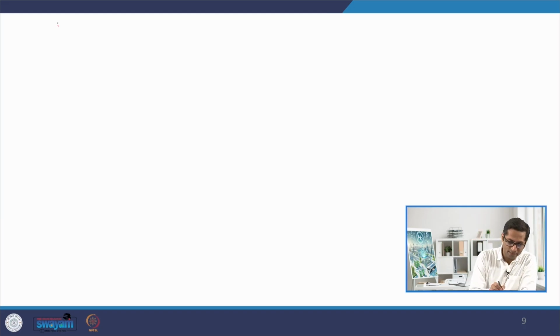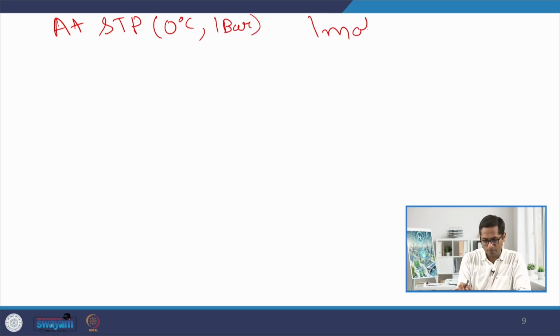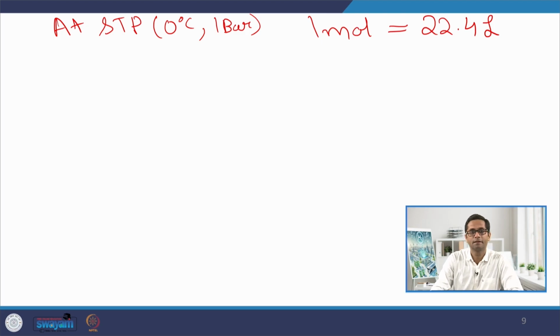So normally at STP, which is 0 degrees Celsius and 1 bar, 1 atm pressure, 1 mole of a gas is equal to 22.4 liters of that gas. But this relationship is applicable only up to STP.